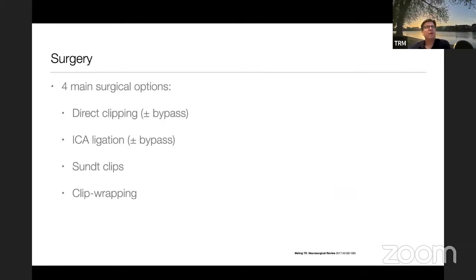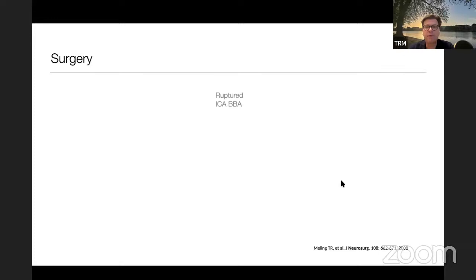Surgical options: direct clipping with or without protective bypass, and we have some Japanese colleagues who have done an excellent job on protective STA or even radial artery protection during attempted clipping. ICA ligation, again with or without bypass, the Sundt clips, or the clip wrapping technique that I will briefly discuss. In our series, if patients had ICA sacrifice, the outcome was very poor.